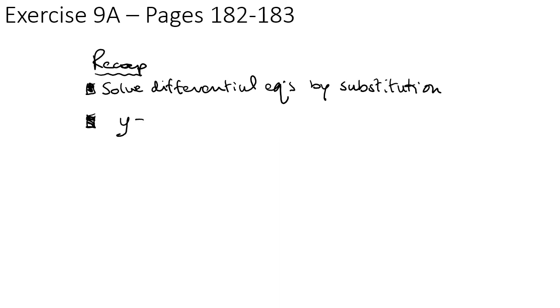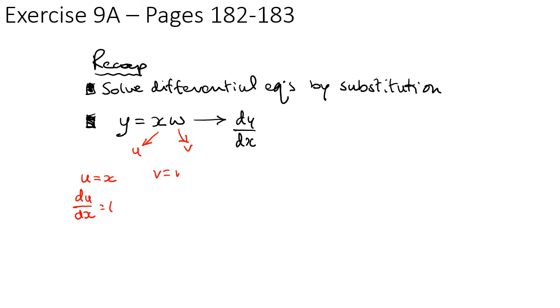So let's say, for example, our substitution was y equals xw. Then from this you can find dy dx. So we use the product rule. Here's my u, here's my v. So u equals x, then du dx is 1.